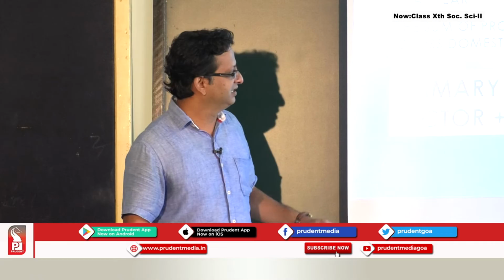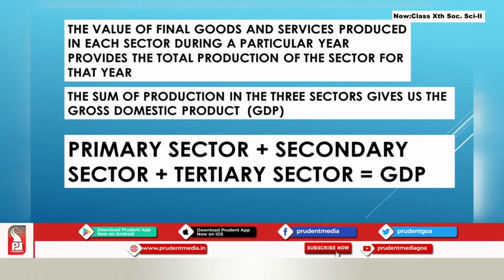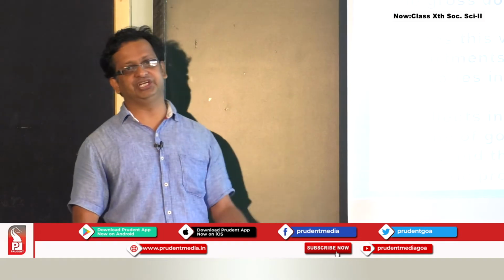In simple words, GDP means the final value of the goods and services produced in primary sector plus secondary sector plus the tertiary sector.